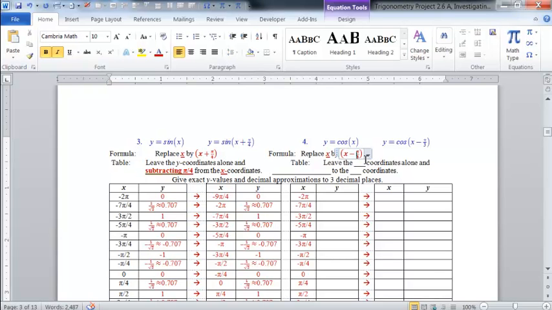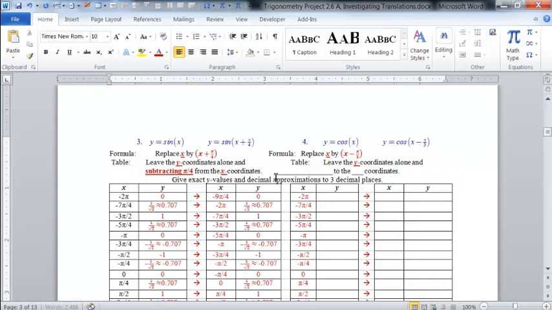I'll use my arrow keys till I get where I want. Okay, so we're going to leave the y coordinates alone. So that's the same.